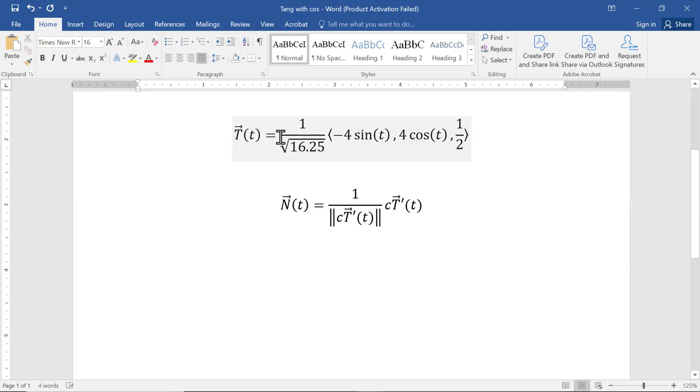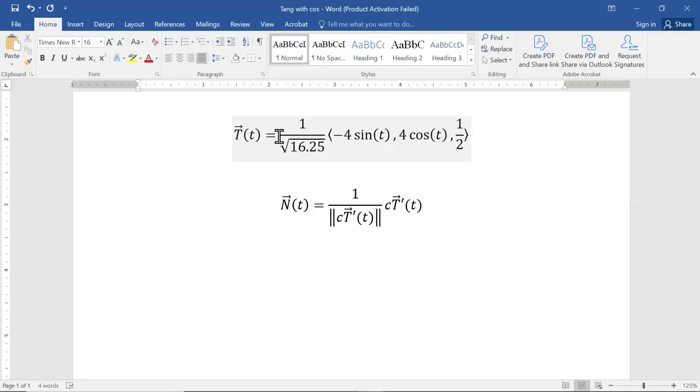But I can multiply times a real number and then take the derivative and do the same calculation with just the scalar times unit tangent. In other words, I can use any tangent vector. It doesn't have to be a unit tangent, as long as I'm not getting rid of variables here.